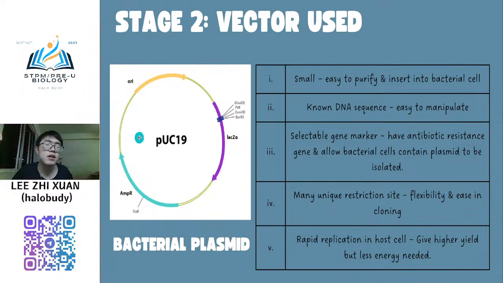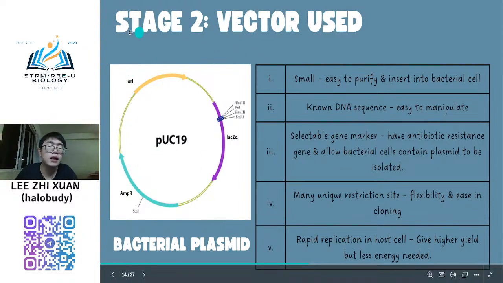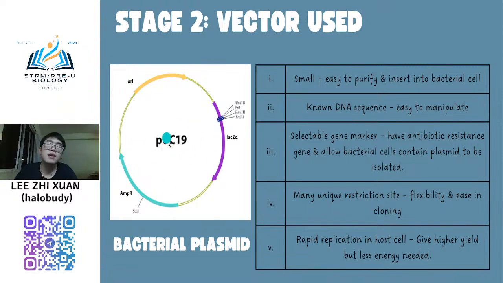But the plasmid is short and small, so it is very easy to replicate. So this is why we want to use the bacterial plasmid and its characteristics. One example that we use is pUC19.